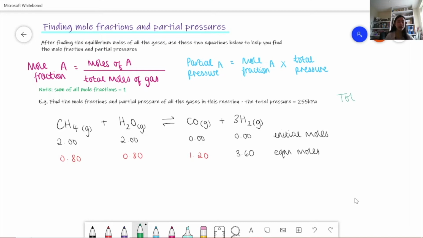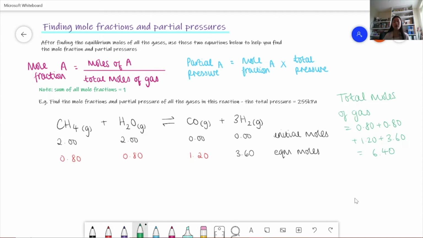So at the side, you can write total moles of gas, and that equals 0.8 plus 0.8 plus 1.2 plus 3.6, and that gives us 6.40 moles of gas.